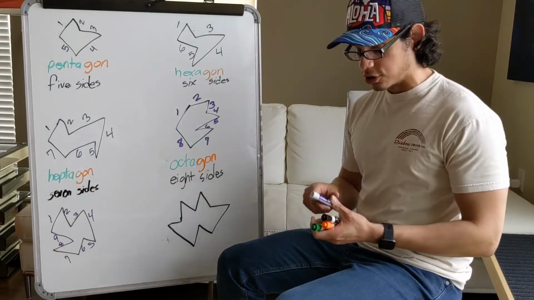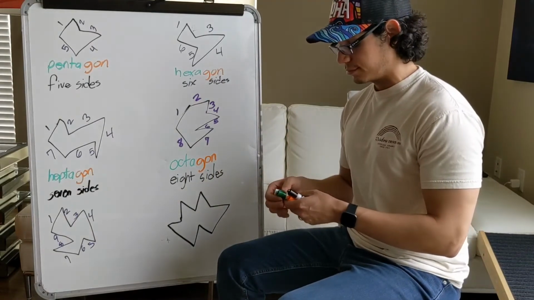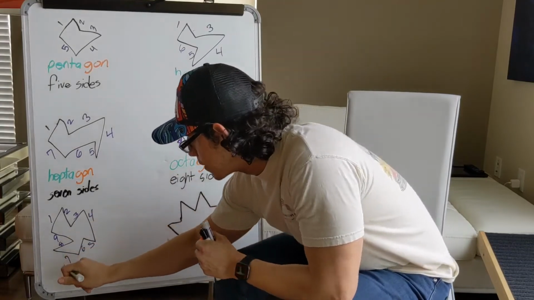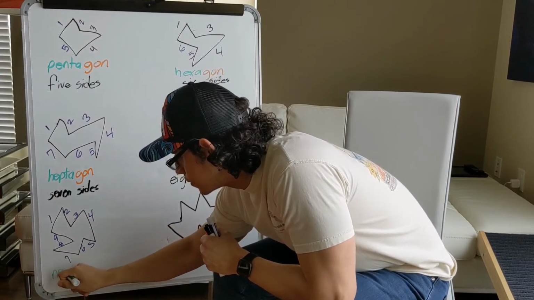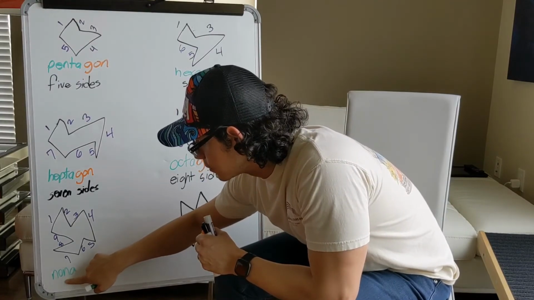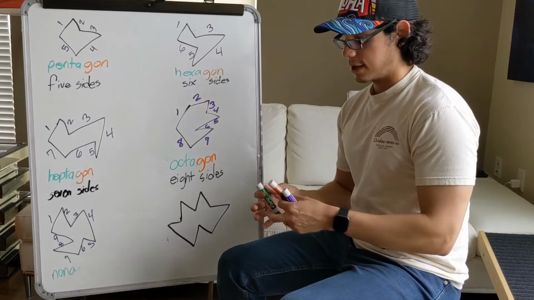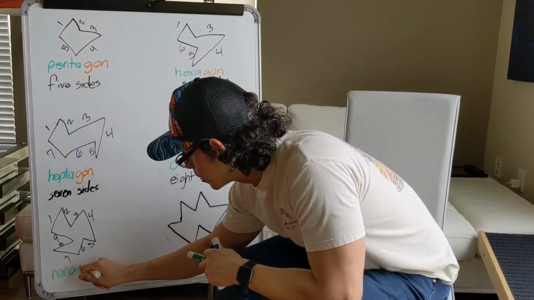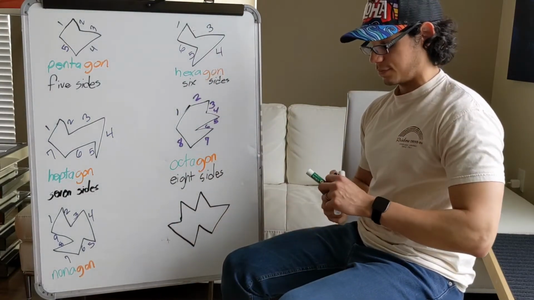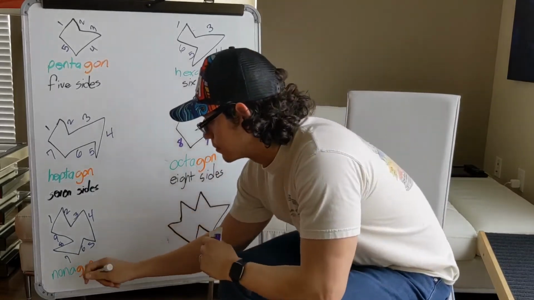I'm going to look at my anchor chart, and I'm going to see that for 9, I'm going to use nona. Nona, and then my suffix is gon. Nonagon. There you go. Nonagon literally means 9 sides.